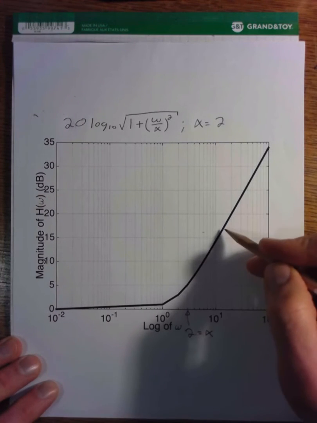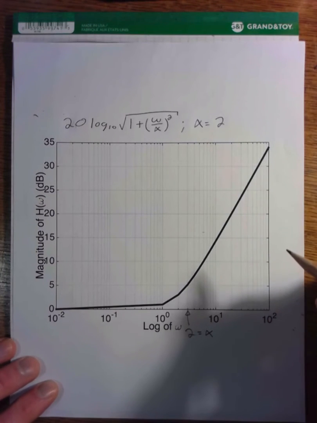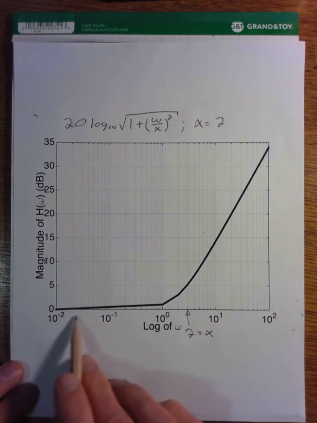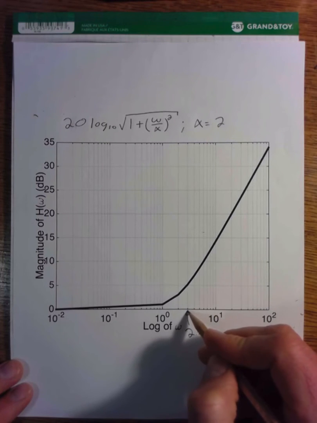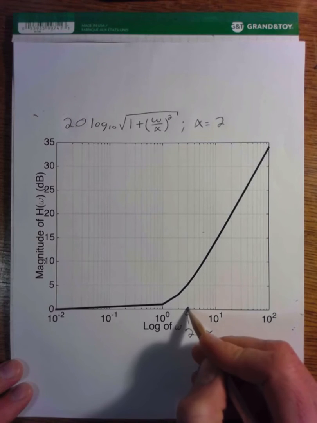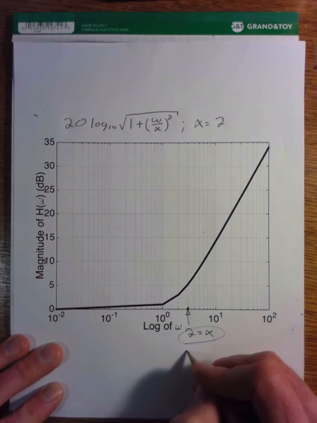For the high frequency range, we have something that looks a lot like a line with a slope of 20 dB per decade. So we're just going to represent this plot using those two lines. And the two lines are going to meet at the frequency value that's equal to alpha. We call this the corner frequency.